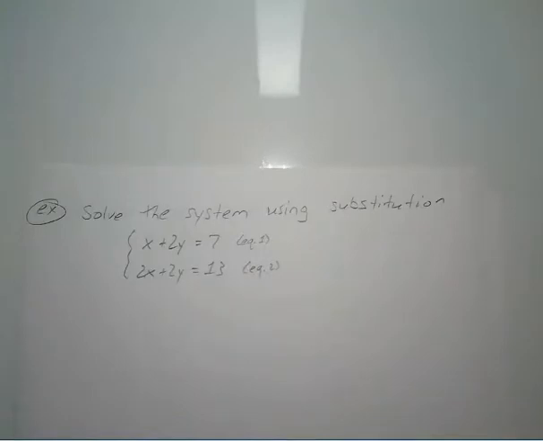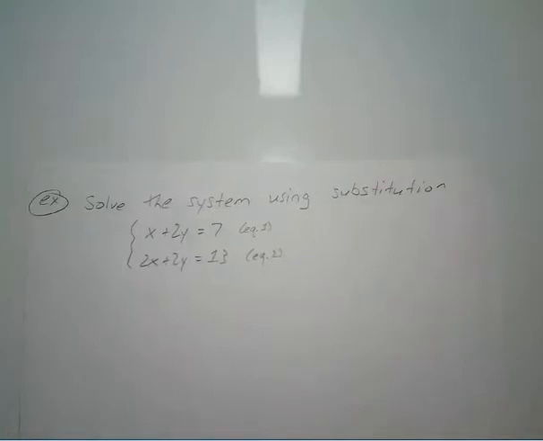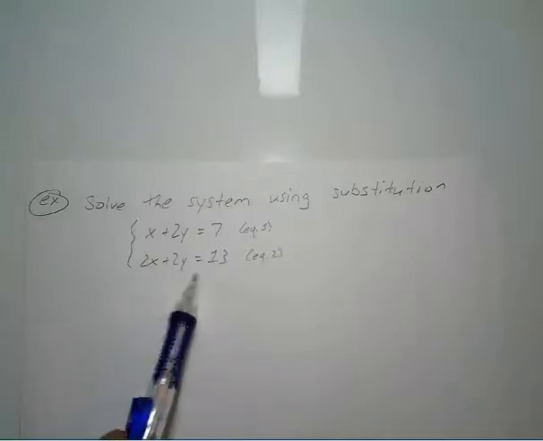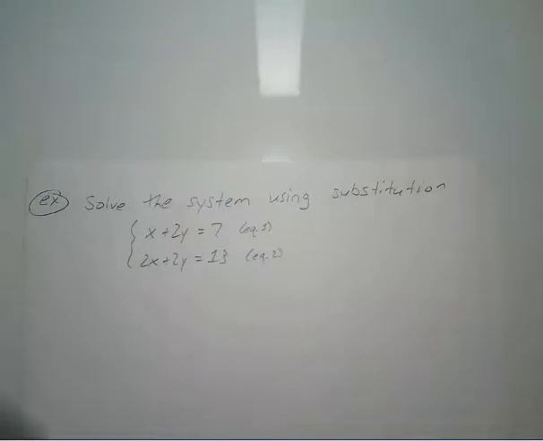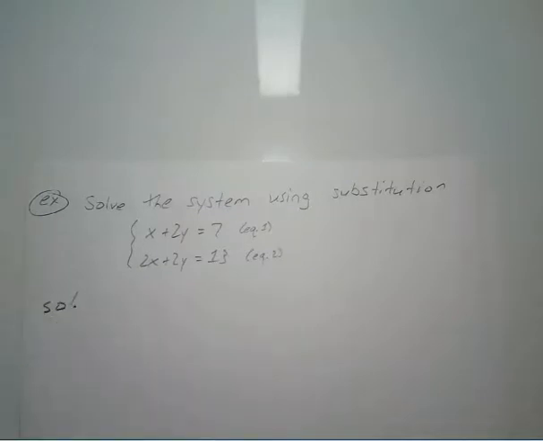What if we wanted to solve the system using substitution, where we have x plus 2y equals 7, and 2x plus 2y equals 13. Now with this one, in order to use substitution, remember your first step is to get a variable by itself.